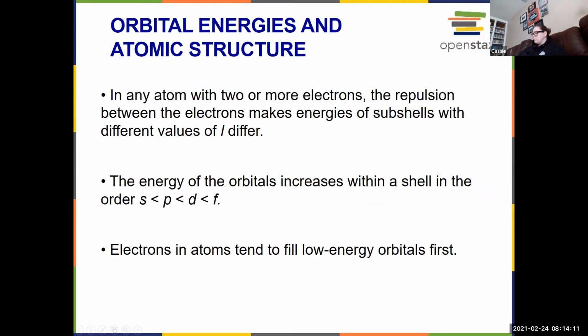Okay, so when we talk about energy levels as well, we know that the S is less than the P, it's less than the D, and that's less than the F, right?